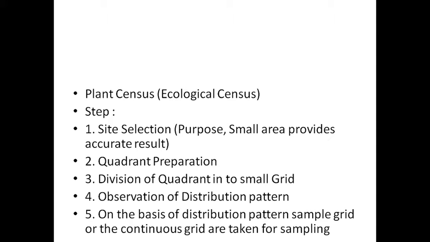Now come to the point of plant census. Plant diversity is related to the plant census. We are all familiar with the population census. It comes after 10 years. But now we are also familiar with the animal census, like the tiger census, lion census, and bird census.